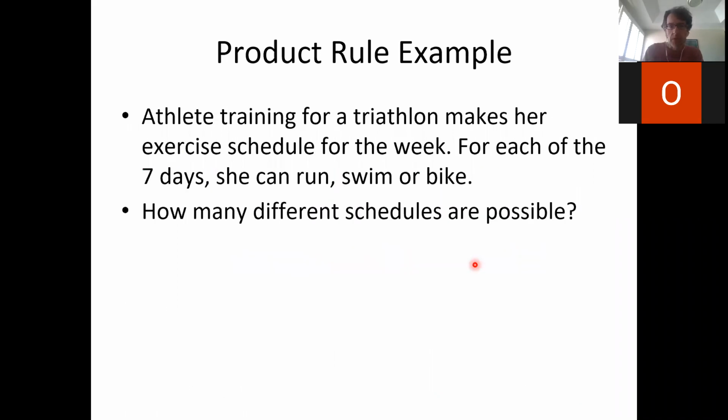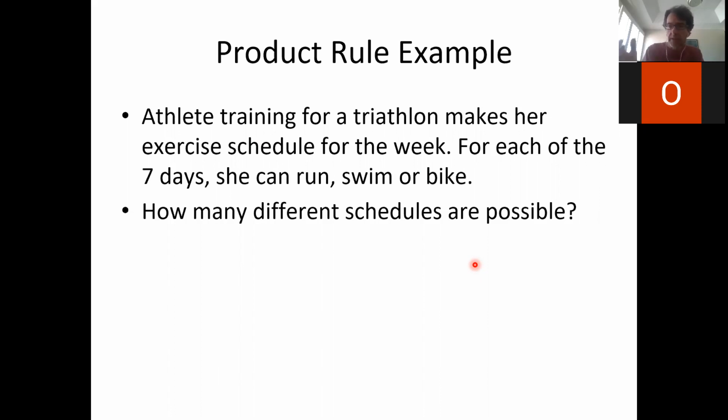Okay. Here's another example. Say you have an athlete whose exercise schedule for a week means what they are going to do in the 7 days of the week, right? So each day, she can either run, swim, or bike. There are 3 choices. And how many exercise schedules are possible?